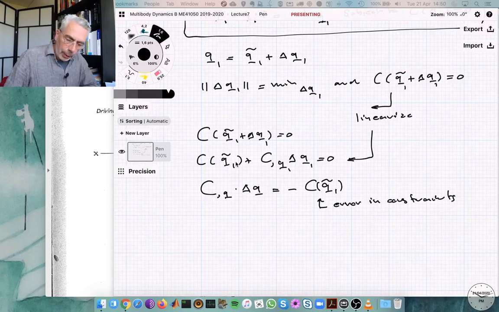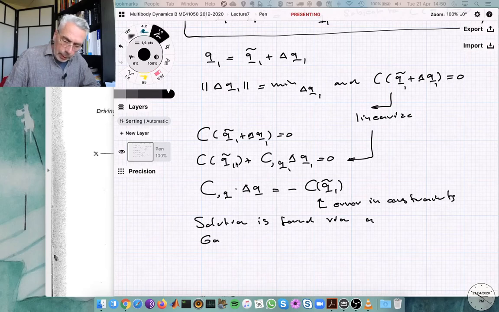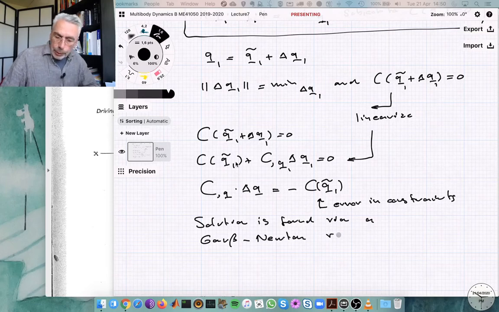We call that the solution is found via a Gauss Newton process, and for instance, read Lanczos on that. I gave the reference to the Lanczos book previously. It's not on Brightspace, but the reference is there.